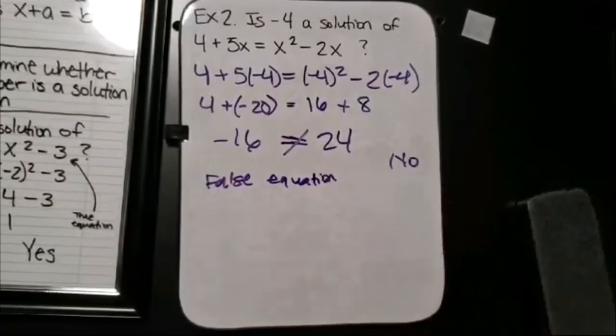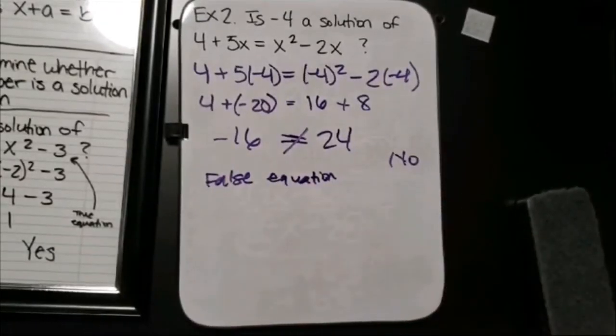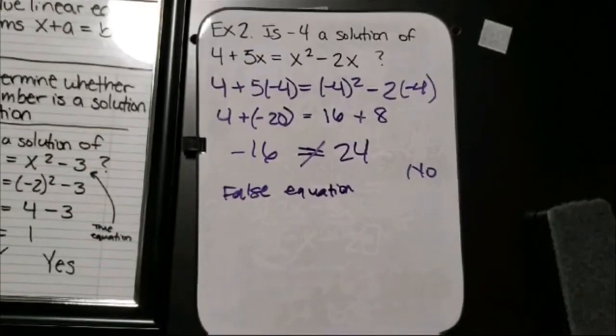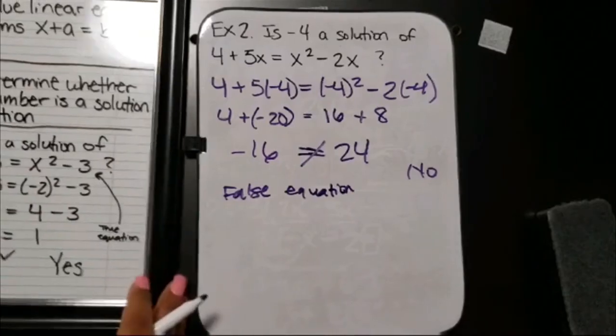All right. So moving forward, the equations that we look at, we're going to assume that they are true equations so that we can do our different operations so that we can solve them. All right. So let's look here.